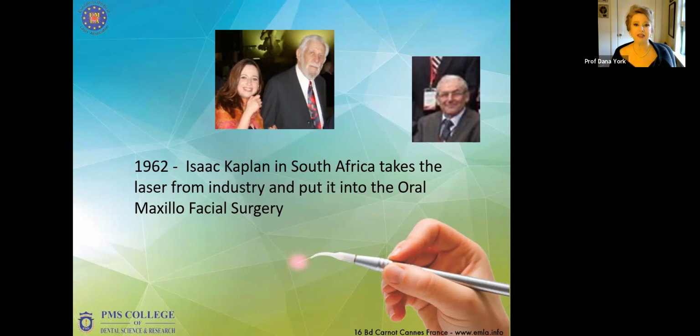He moved from South Africa to Tel Aviv, and they named the University of Tel Aviv after him. He was praised and loved, and his wife, the mother of lasers in medicine, also died about 3 years ago.